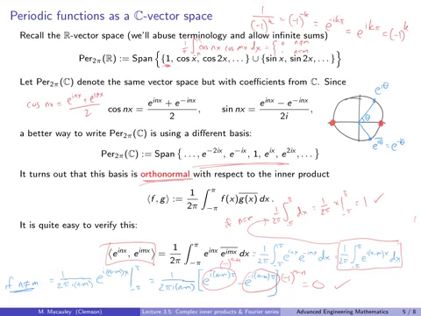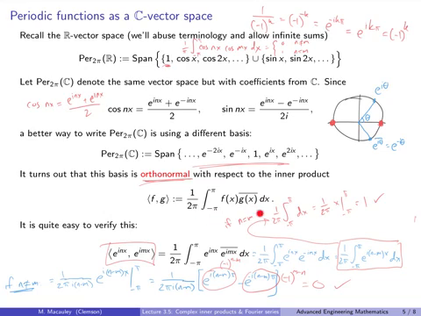Okay, let's clean this up and summarize a bit. So we have the space of 2 pi periodic functions with complex coefficients. Instead of using sines and cosines, we can use complex exponentials. And if we tweak the inner product, so we have to put a 2 pi here, and we have to put a complex conjugate here. We didn't even need to deal with that before because everything was real, but now we need to worry that we have a complex conjugate here.